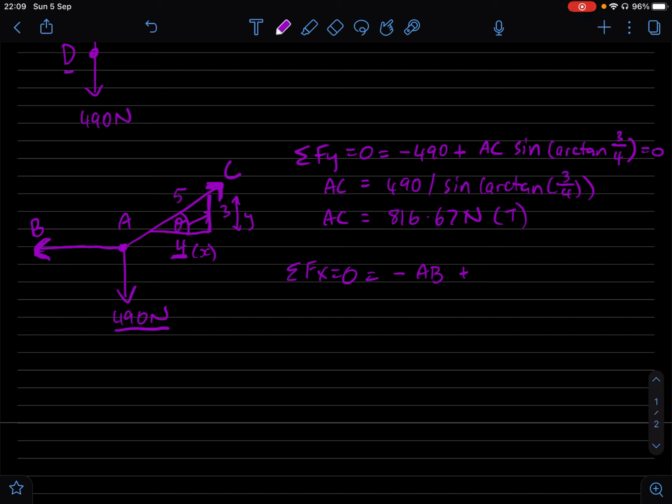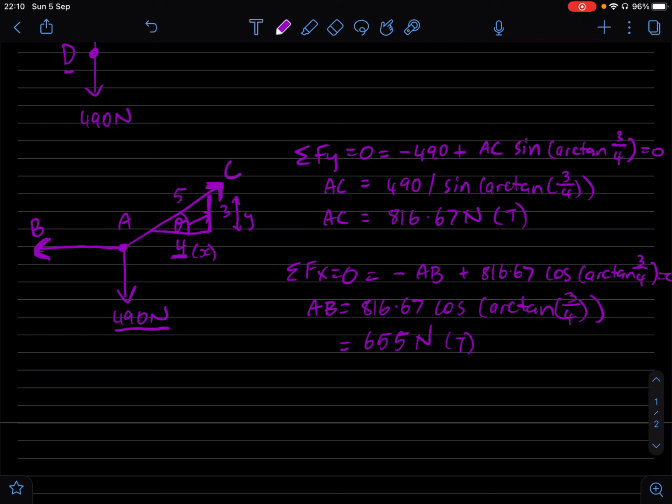So to do that, we have 816.67 that we just calculated, times the cosine of arc tan 3/4, equals 0. AB equals 816.67 cosine of arc tan 3/4, and that equals, if you put that in your calculator, 655 newtons. Okay, and that's acting in tension as well.